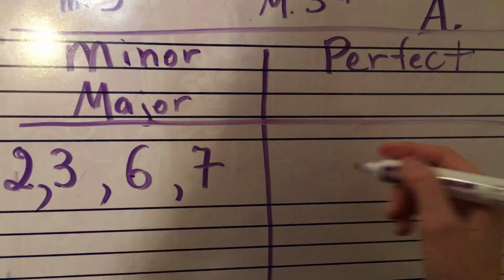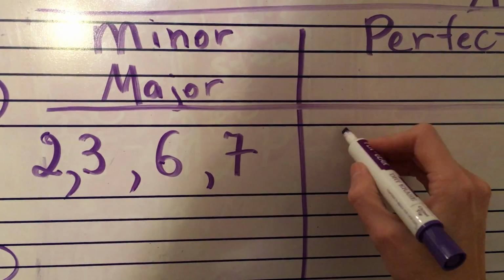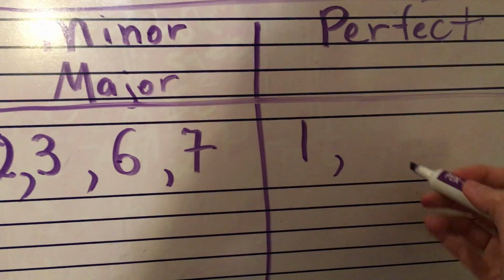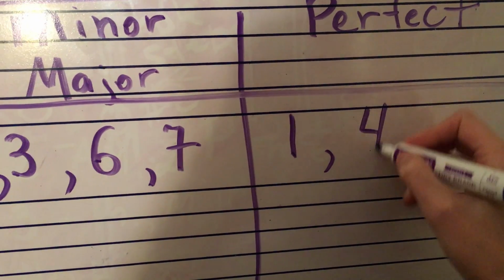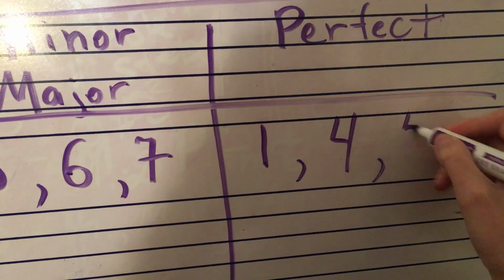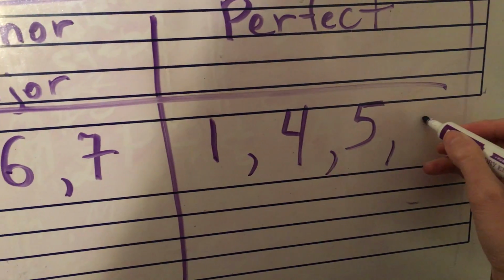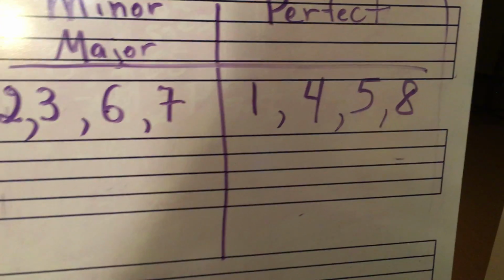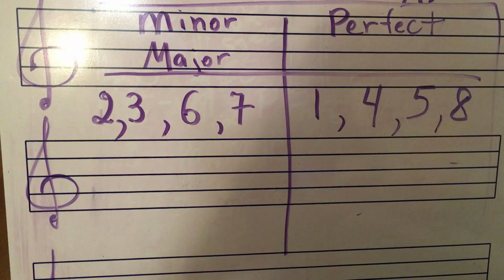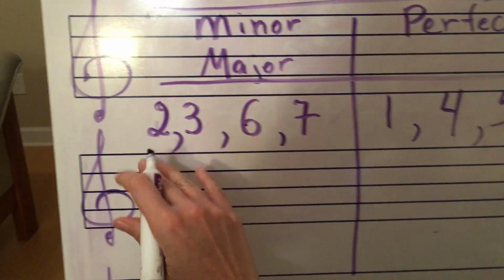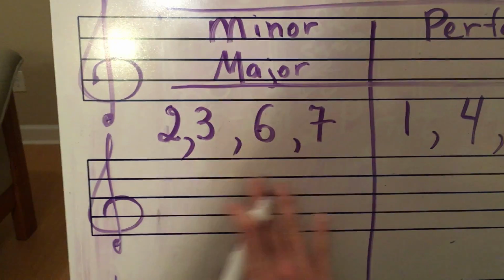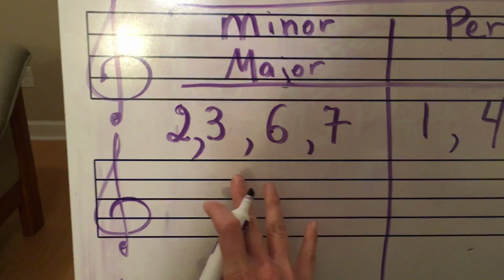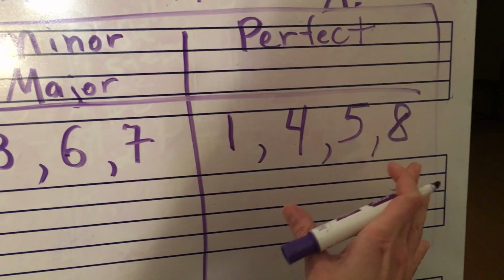Okay, and then the perfect intervals: perfect unison, prime or 1, fourths, fifths, and eighths. So these are the intervals. On this side, you can change them between minor and major, and these ones are perfect.